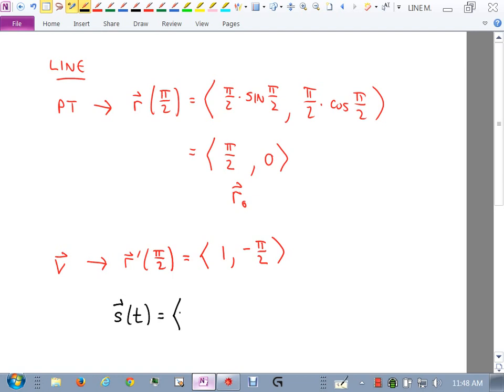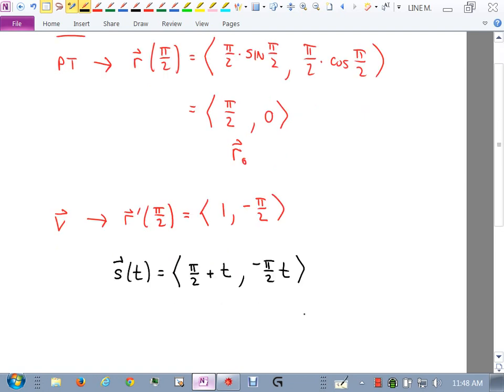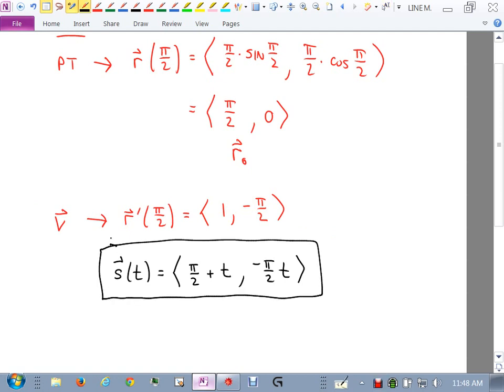It is pi over 2 plus t times minus pi over 2. That's this vector plus t times this vector. Agreed? Any questions? Sure? We're good?